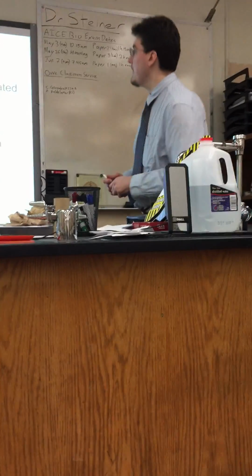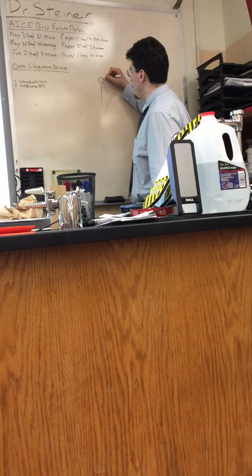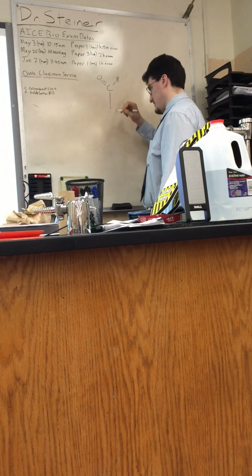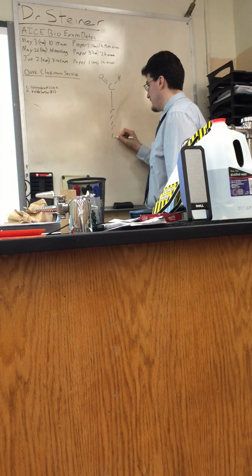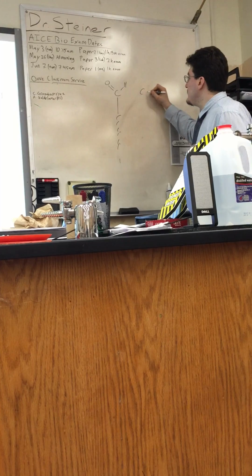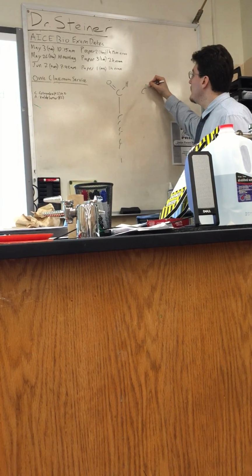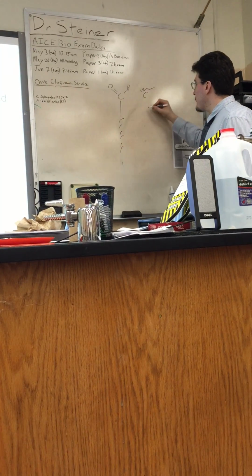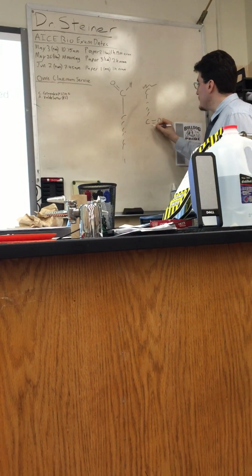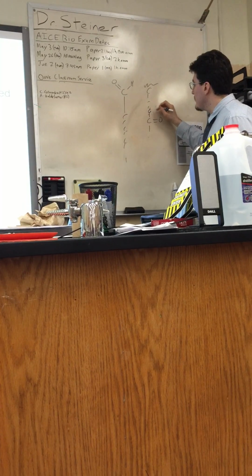So, an aldehyde group: carbon double bonded to oxygen with a hydrogen, and the rest of the chain. A ketose sugar: the end is whatever, and then whatever, and the carbon double bonded to oxygen, and it continues.